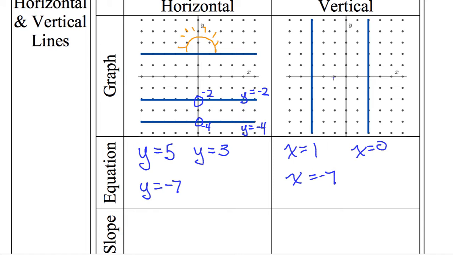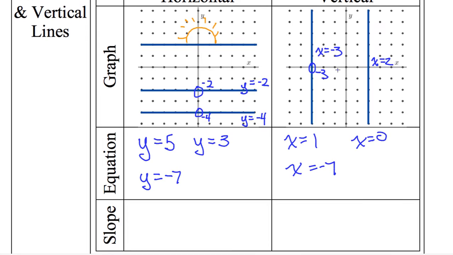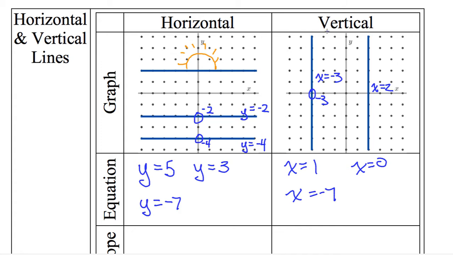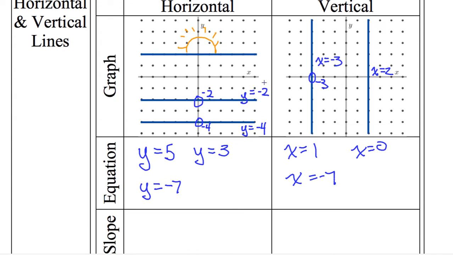So if I go -1, -2, -3, this point right here is -3, 0, which means the equation here is x equals -3. If I count in this direction, 1, 2, that means x equals 2 for this line. Now we can match the equation to our graph for vertical lines. And there's one last thing I want to talk about for horizontal and vertical lines. It's the slope of that line.